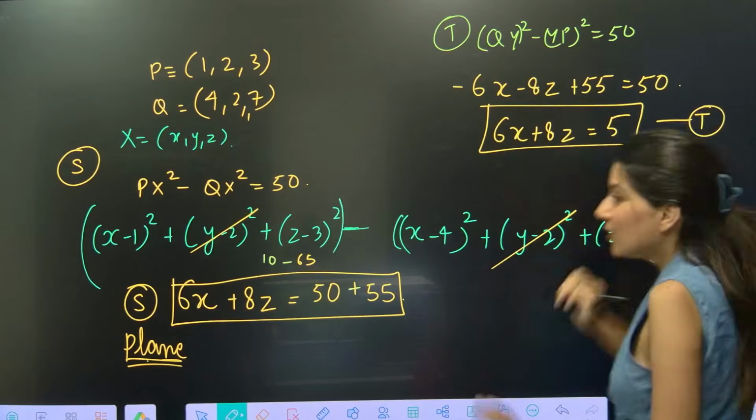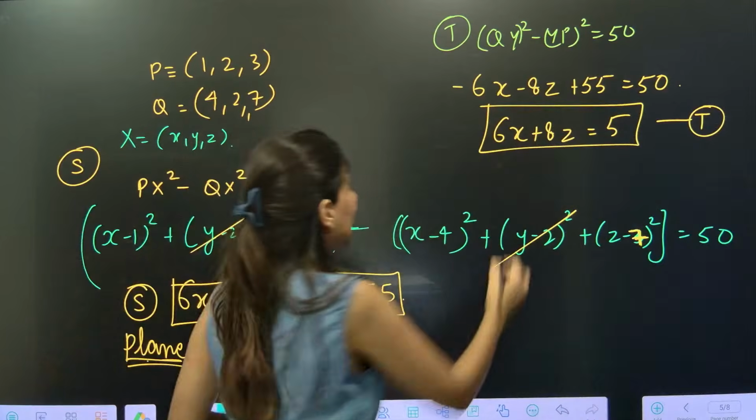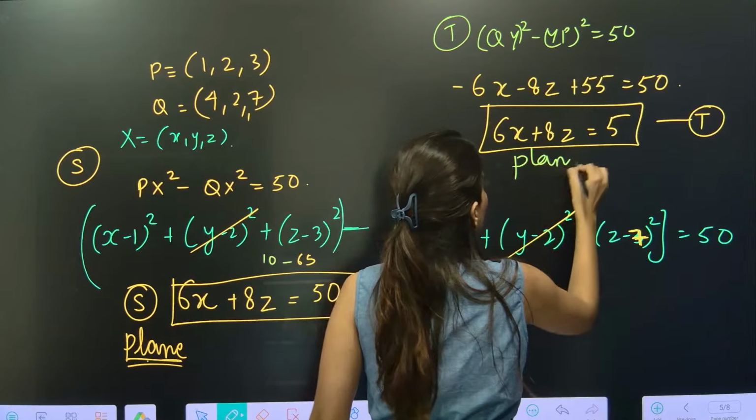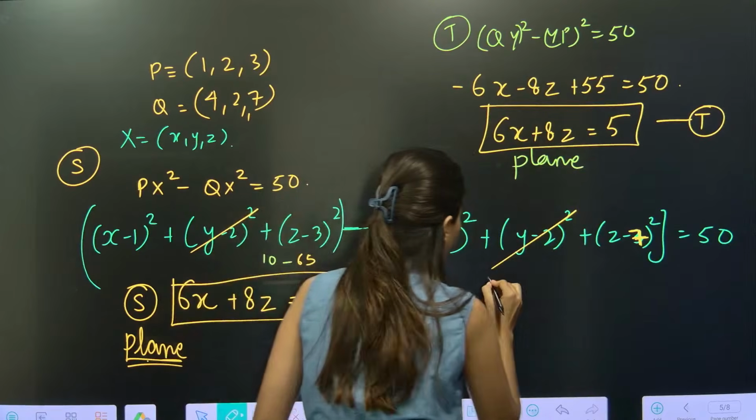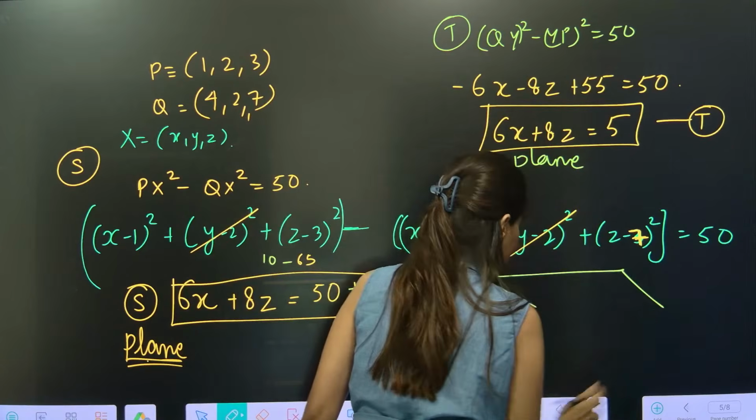Can you see, T set is also a plane. So S and T are nothing but two parallel planes.